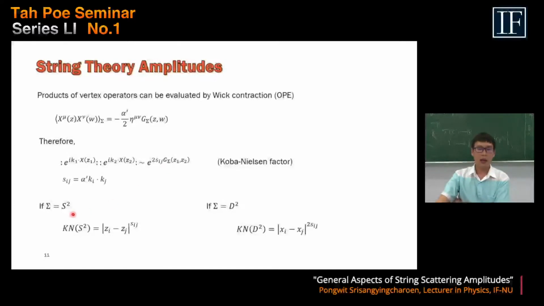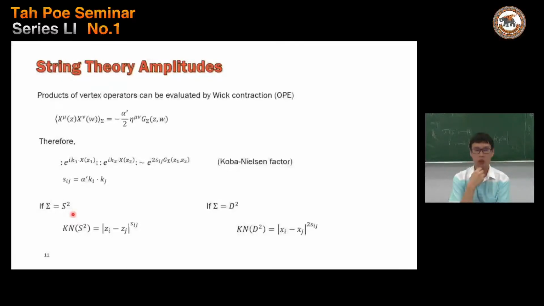So if we consider the simplest version of the worldsheet, for the closed string, the topology of the worldsheet can be considered as the sphere.